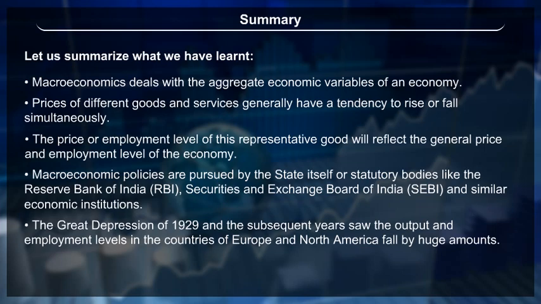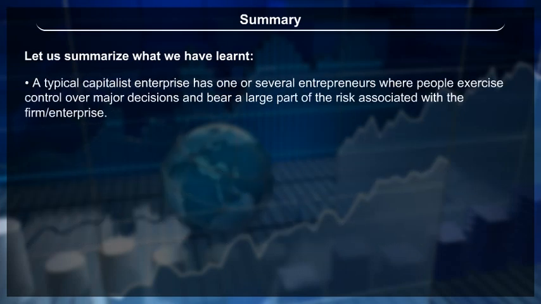The Great Depression of 1929 and the subsequent years saw the output and employment levels in the countries of Europe and North America fall by huge amounts. A typical capitalist enterprise has one or several entrepreneurs where people exercise control over major decisions and bear a large part of the risk associated with the firm enterprise.